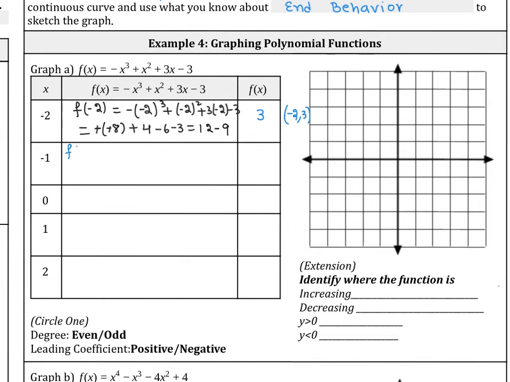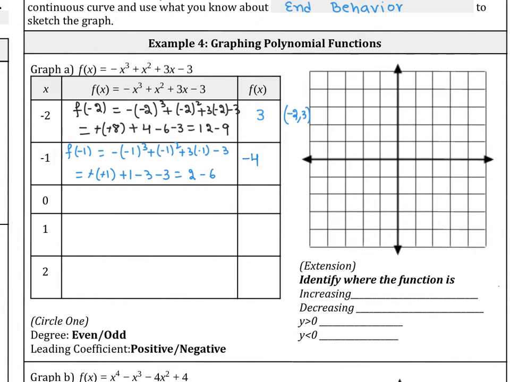Next, I'm using x value as -1, so -(-1) cubed plus (-1) squared plus 3 times -1 minus 3. So the first term would be 1, plus 1, minus 3, minus 3. That's 2 minus 6, and that's going to be -4.